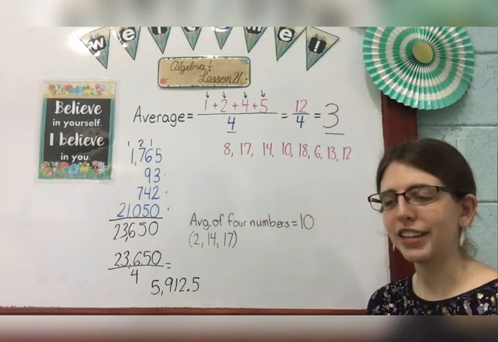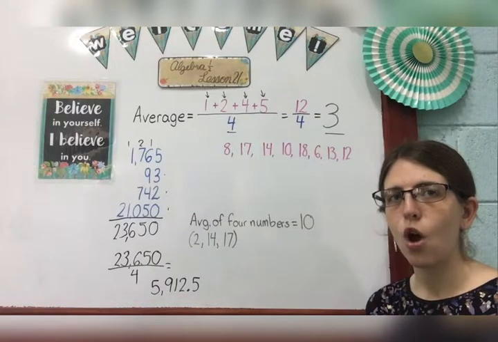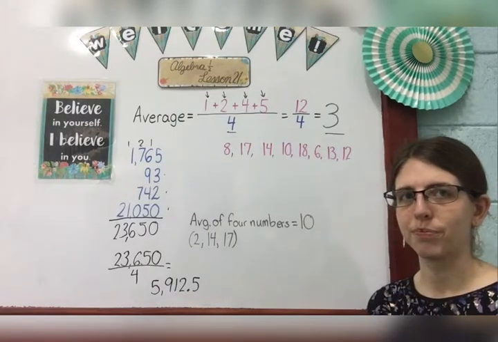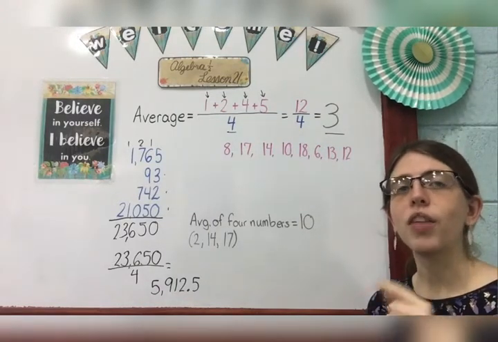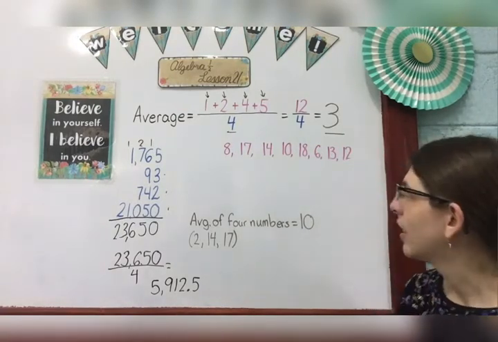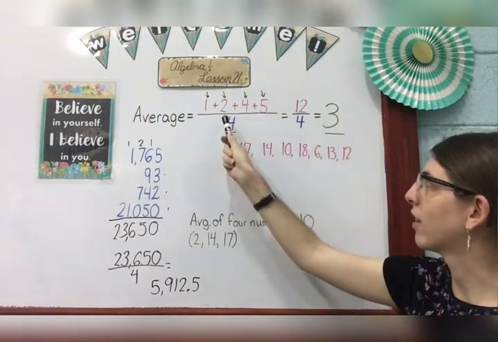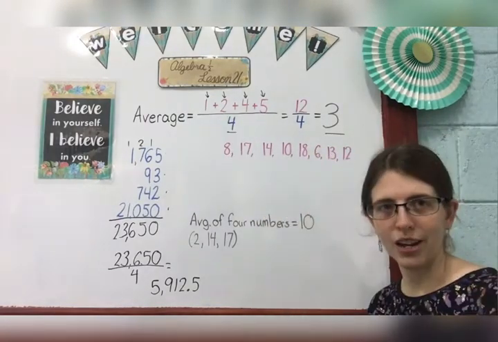Now, an interesting thing to note is that if we know the average of a group of numbers, we know the sum. Let me say that again. If we know the average of a group of numbers, we know the sum. I know that I have 4 numbers that I am adding together, and that their average is 3.